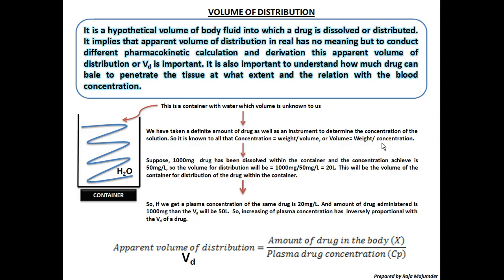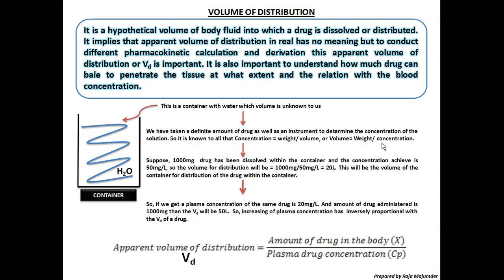But in the case of apparent volume of distribution, by determining the plasma concentration and knowing the amount of drug that we are administering or that is present in the body, we can determine the volume of distribution and the relation to how much drug is able to penetrate and become available in the tissue.